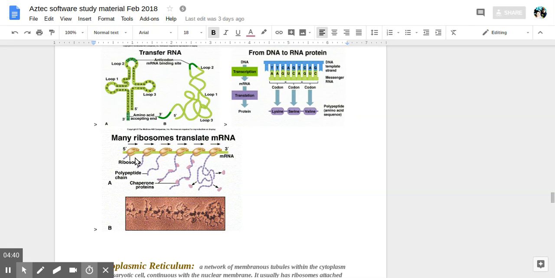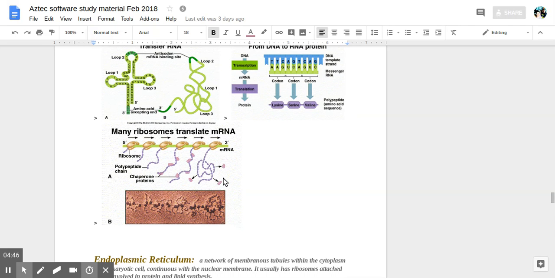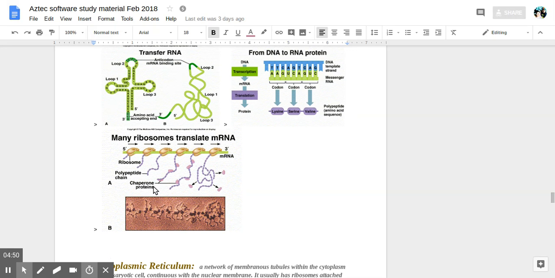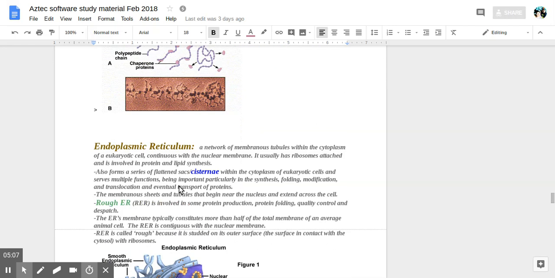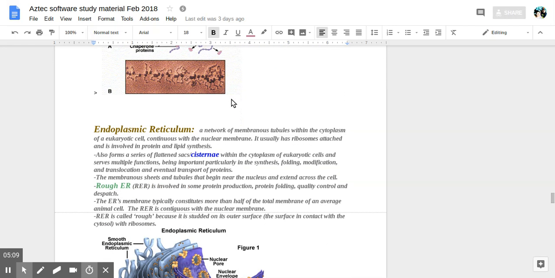There may be multiple ribosomes making multiple polypeptide chains, and proteins called chaperone proteins help with this process, making sure the polypeptides are made correctly. This is what it looks like in the microscope.